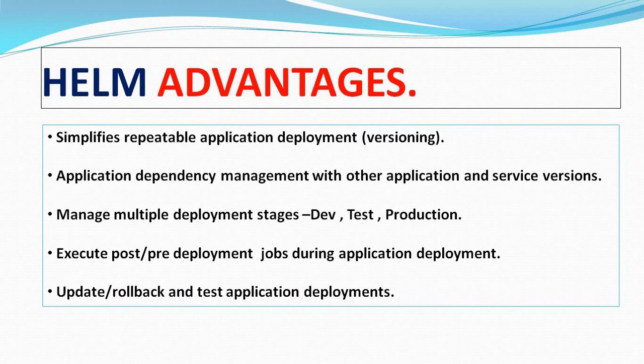If you create your application as a Helm deployment, you just have to run a single command to keep seeing how your application behaves in the Kubernetes cluster. In such repeatable tasks, a Helm module comes in very handy.